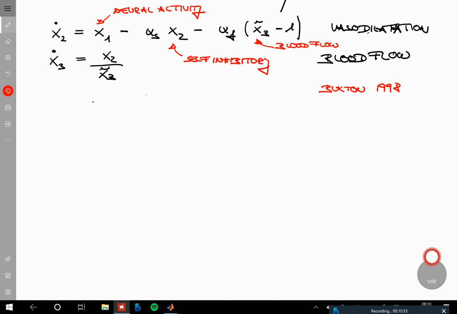The whole thing means that the stronger the blood flow gets, the larger the blood flow gets, the vasodilatory signal changes negatively. These are always then time constants. So there is some feedback in terms of the blood flow to the vasodilatation.